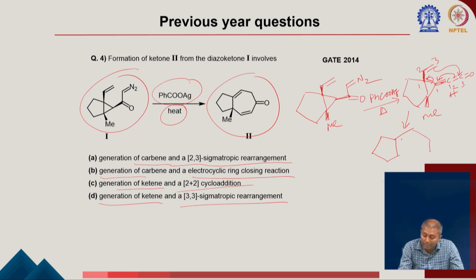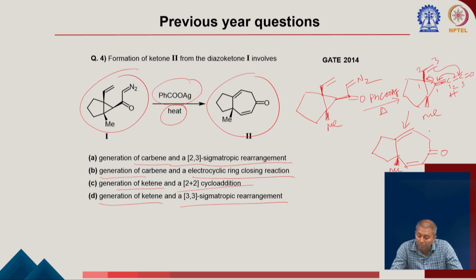Initially, there is a double bond going to form here, and then there will be a carbonyl group. Of course, there is a methyl here which was there from the beginning, and then there is a double bond here. You can see between these two, there is a formation of a double bond. If you give them names, suppose this is the terminal position, here you are forming the double bond.